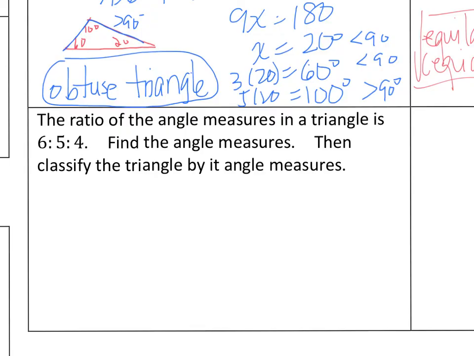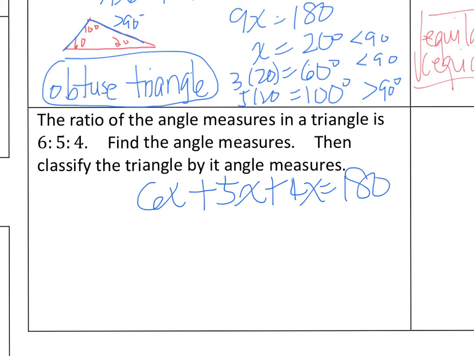Now one more problem. The ratio of the angle measures in a triangle is 6 to 5 to 4. Find the angle measures. Okay, so again, x would be our smallest angle measure. 6x plus 5x plus 4x equals 180 degrees. 15x equals 180, so x is 12.